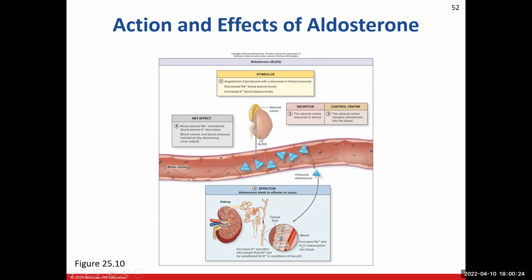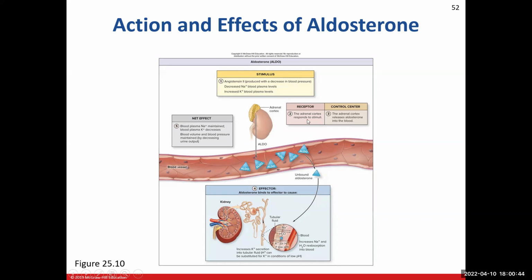All right, so the stimuli that are going to trigger the release of aldosterone, again, angiotensin II, right? When we see a decrease in our blood pressure, we can also see a decrease in our blood sodium levels or an increase in our potassium blood levels there. And that's the big trigger for aldosterone release.